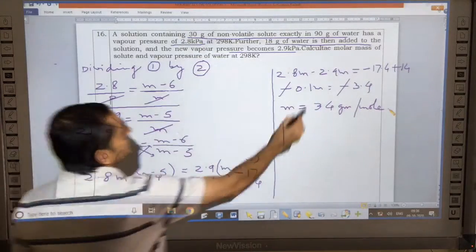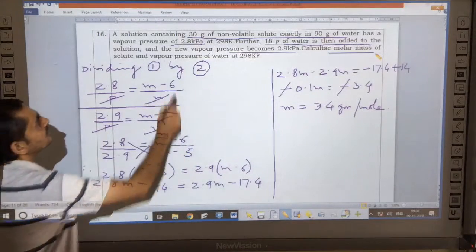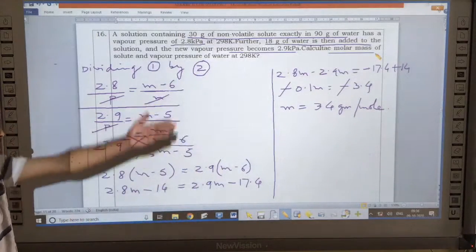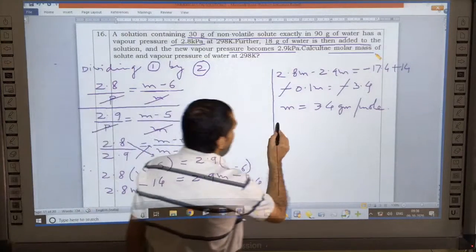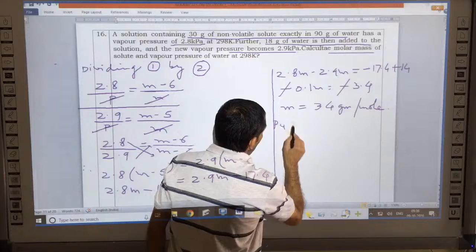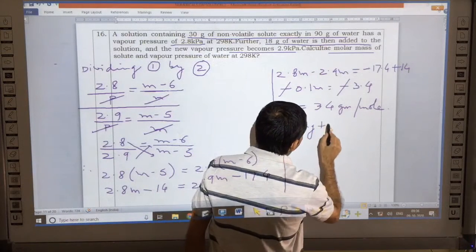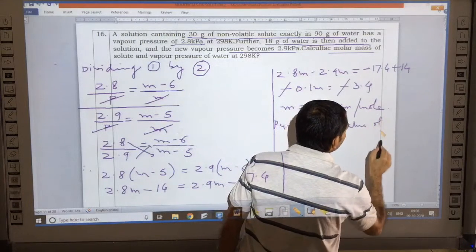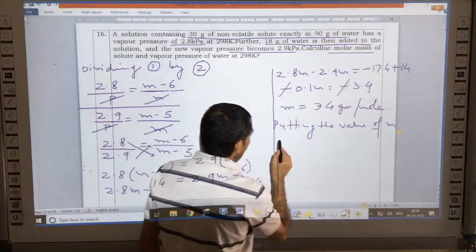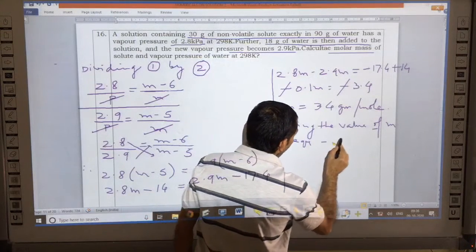So, we have calculated molar mass. Now what is left? Vapor pressure of water. You put the value of M in any equation.